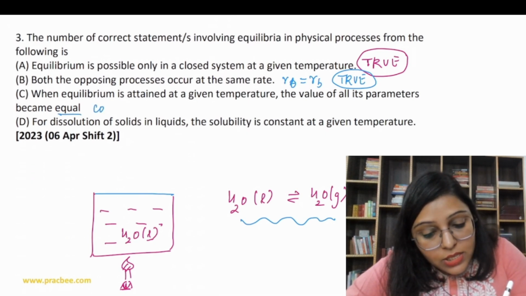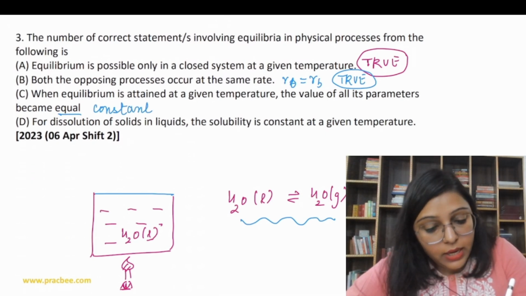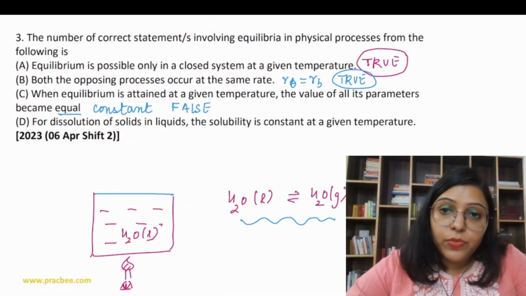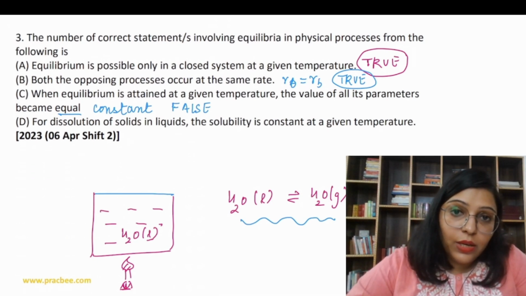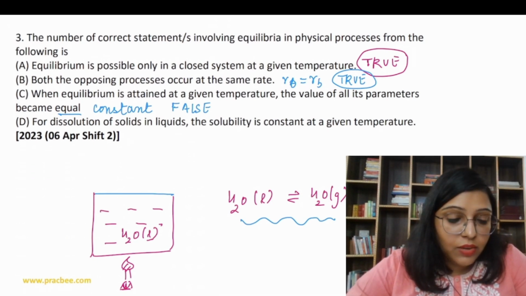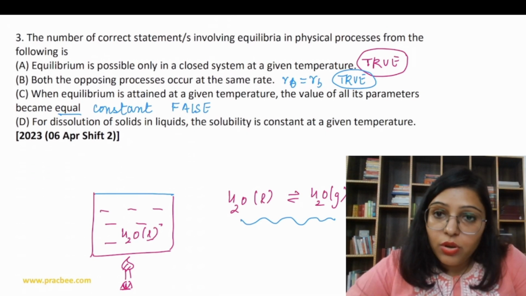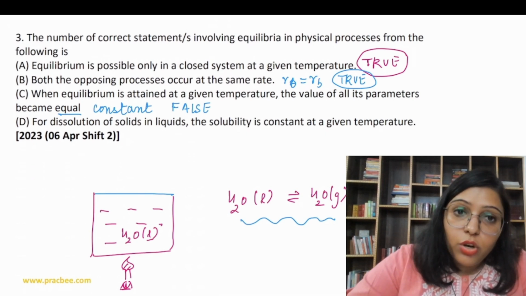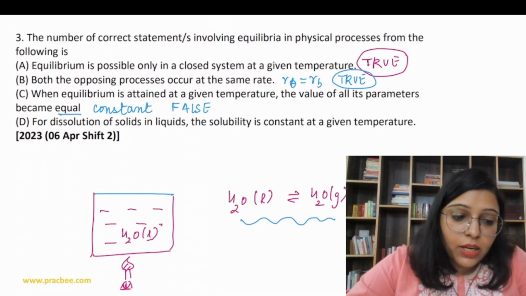They become constant. So this statement is false. Next, for dissolution of solids and liquids, solubility is constant at a given temperature. So solubility is constant for dissolution of solids in liquids. The solubility is constant at a given temperature.